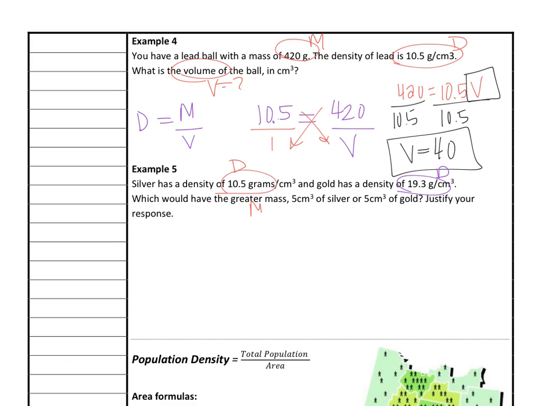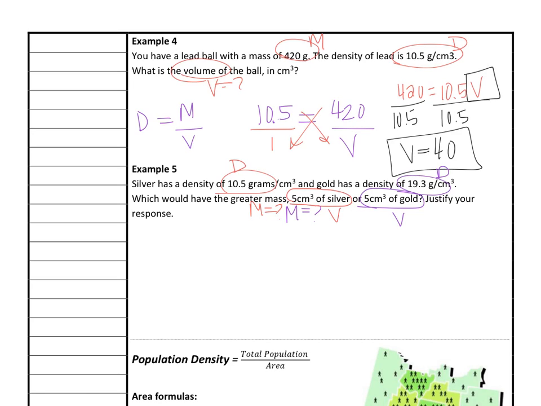So I'm looking for the mass of each. If we have 5 centimeters cubed of silver and 5 centimeters cubed of gold. So when we have cubic units, that's representing the volume. Same thing with this 5 centimeters cubed of gold.